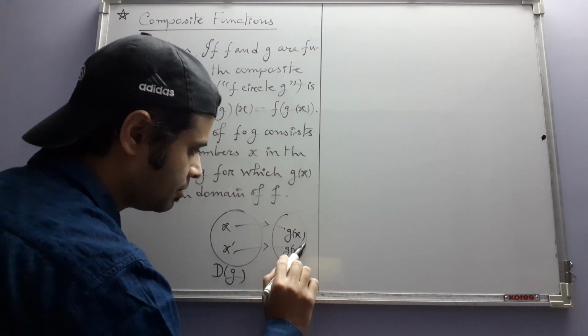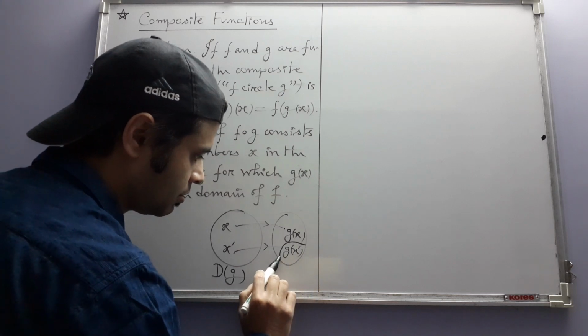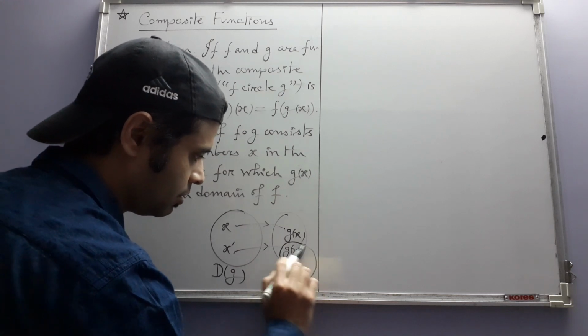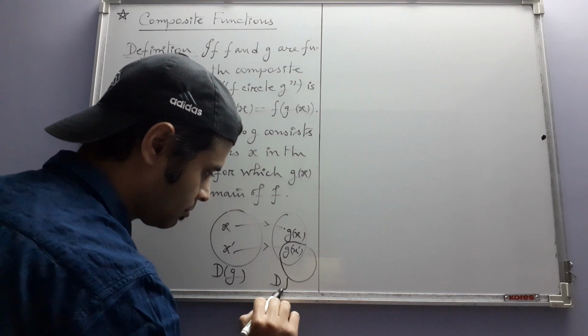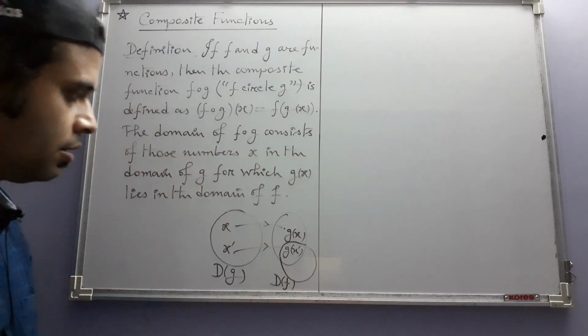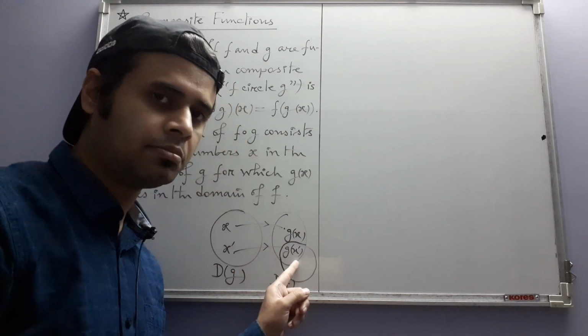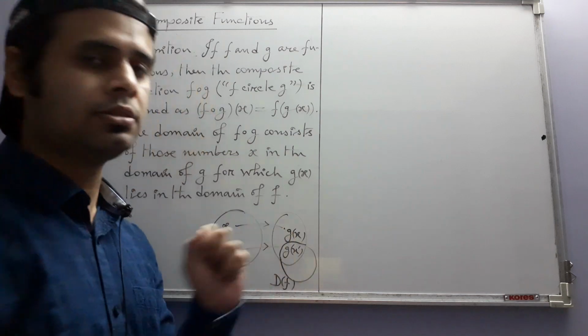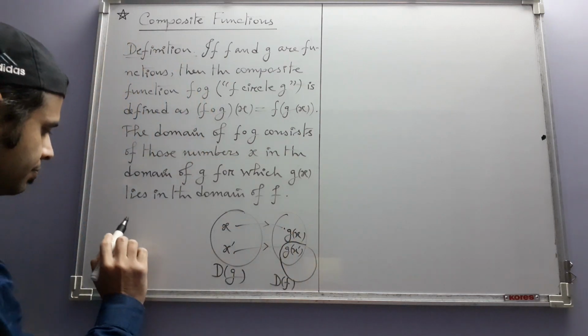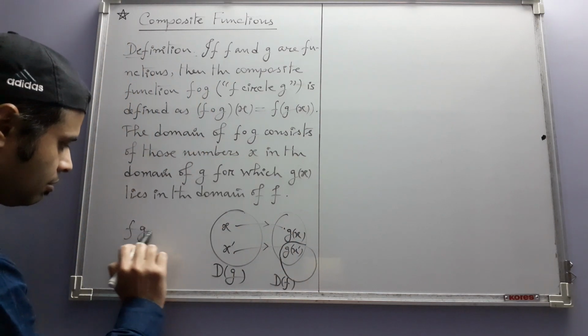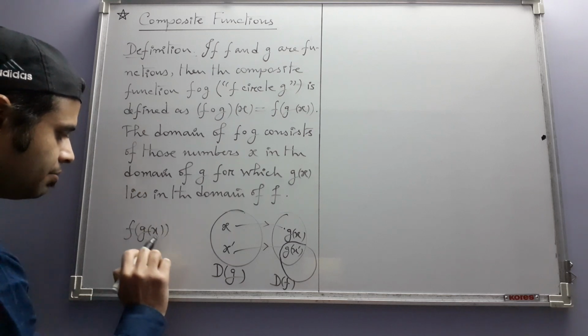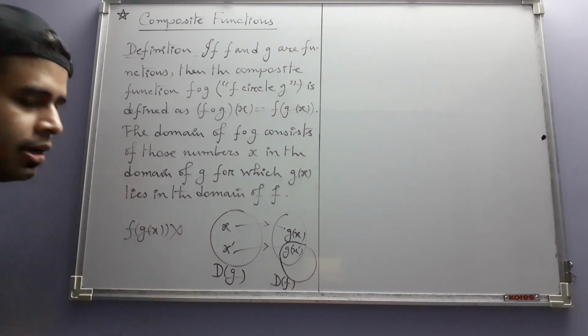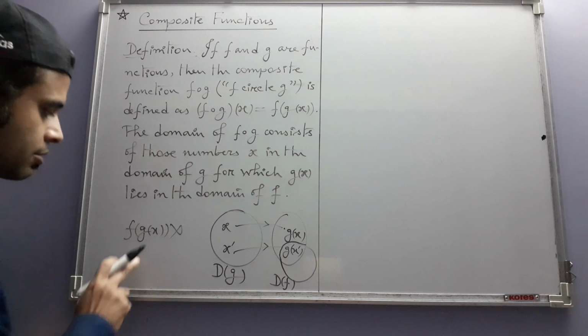It may happen that the domain of f contains g of x prime but does not contain g of x. Then f of g of x will be meaningless, because this does not make sense.